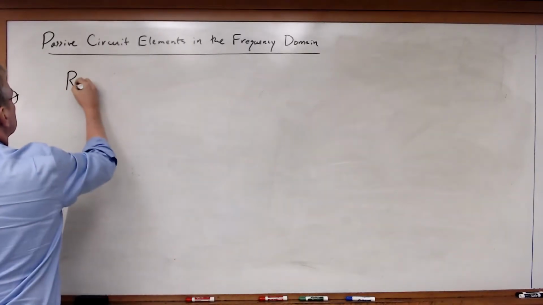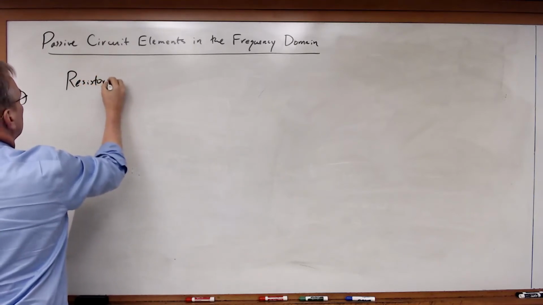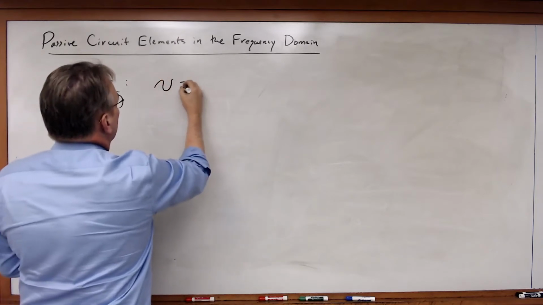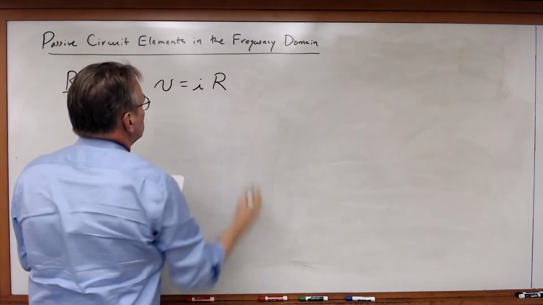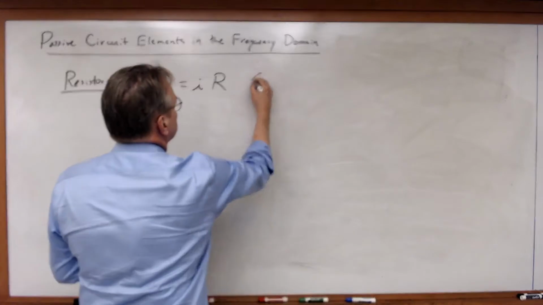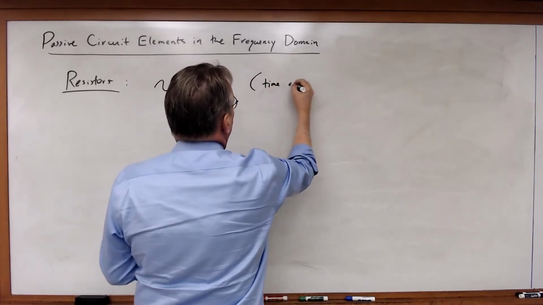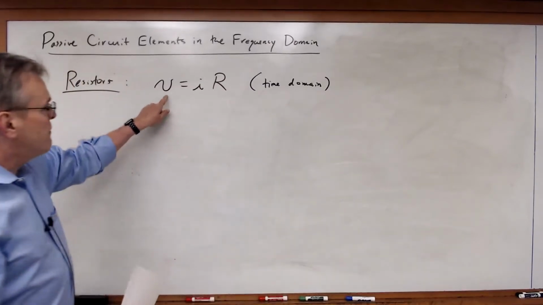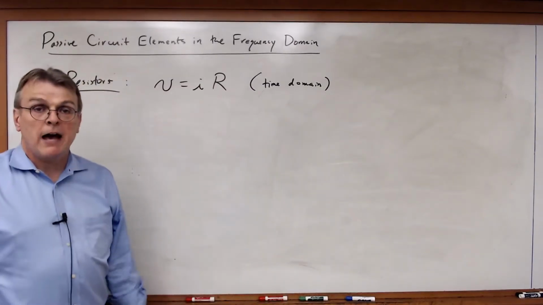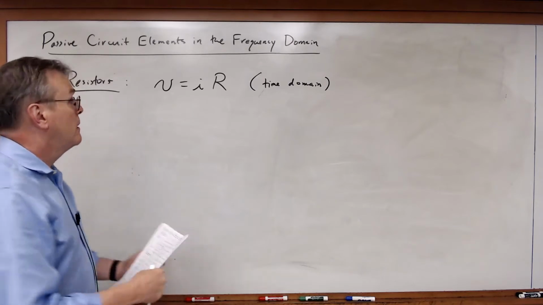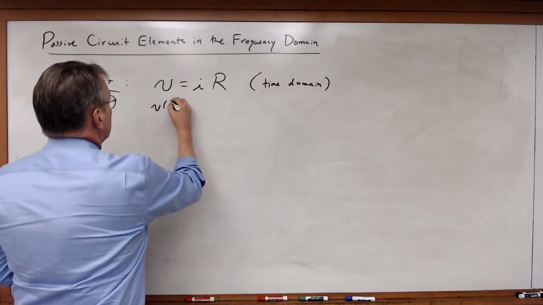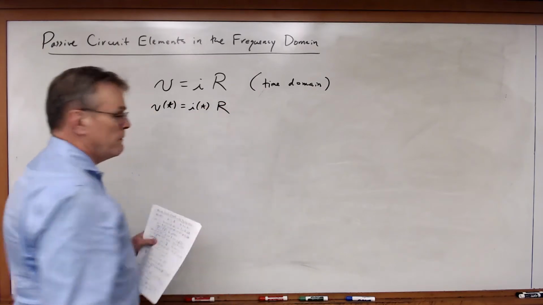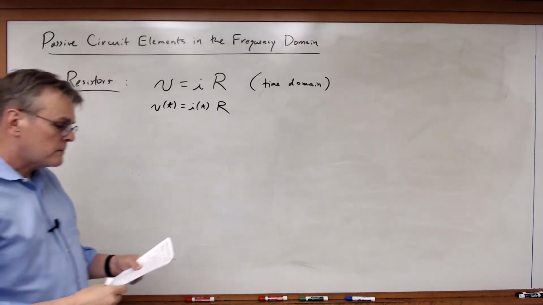So for resistors, let's first consider those. In the time domain, we know that V is equal to I times R. And of course, if V and I are functions of time, they change with respect to time, we could say that V of t is equal to I of t times R, if you wanted to be more explicit about it.